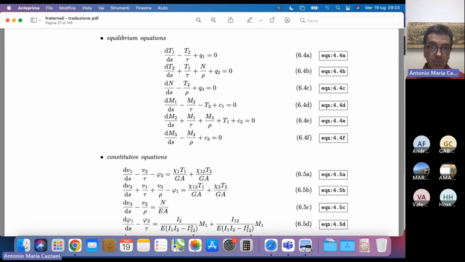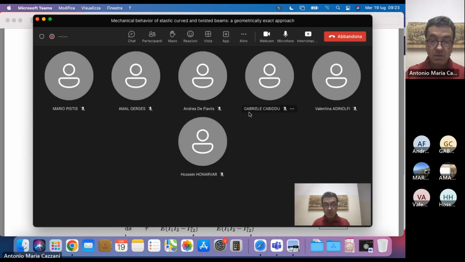So in particular, we have seen yesterday that in the most general case, that of a space curved and twisted beam, we have these equations which you see on the back here. Sorry.